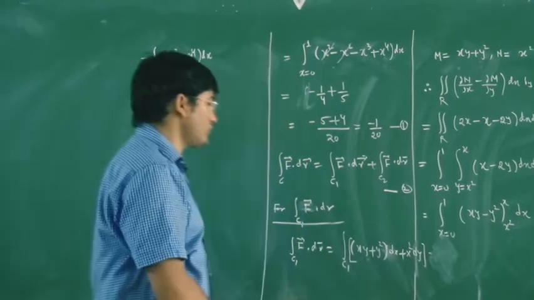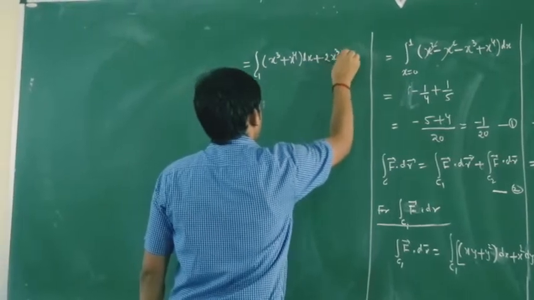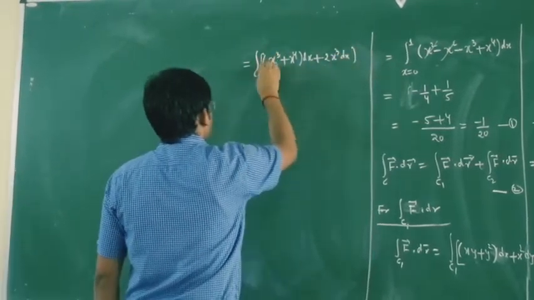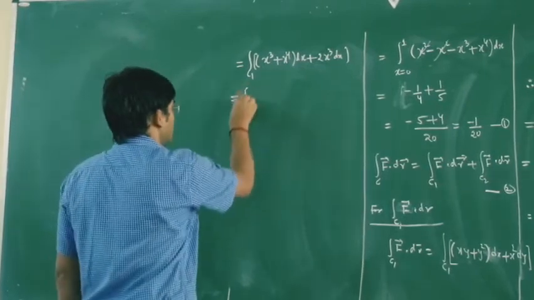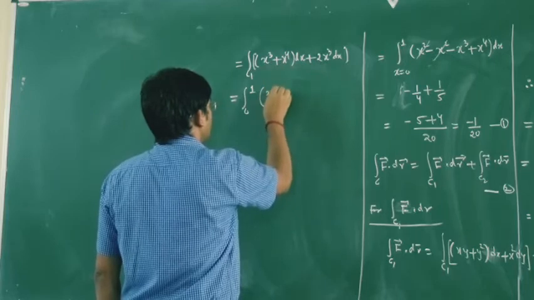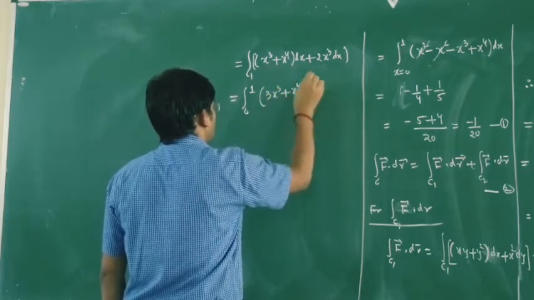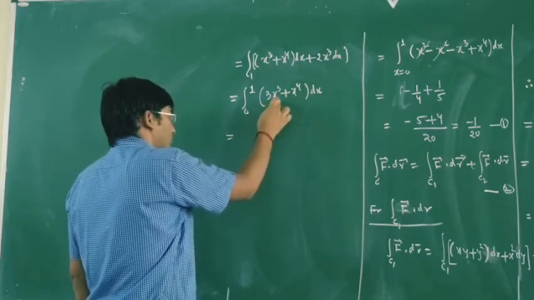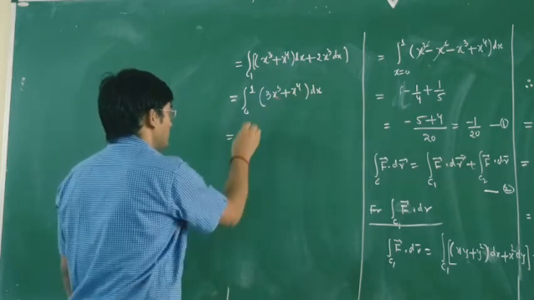So this will be your 2x cube dx plus 2x cube dx. And you can see that the limits of x for this curve are from 0 to 1. So this is equal to integral 0 to 1 of 3x cube plus x power 4, and then the integration with respect to x. Now integration of x power 3 will be x power 4 upon 4, so this will be your 3 by 4.